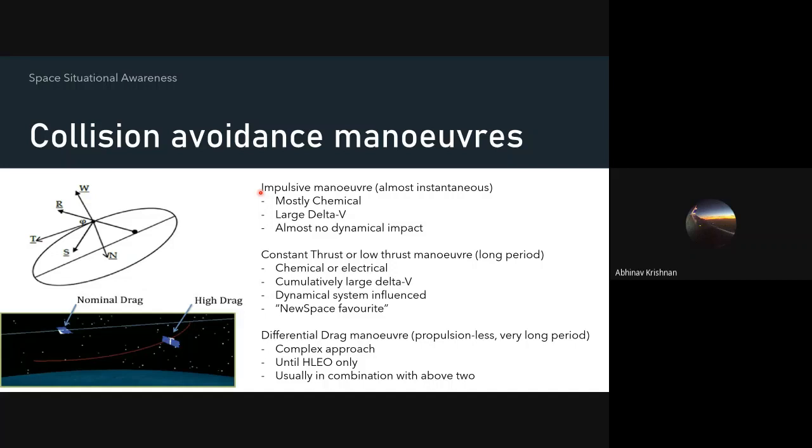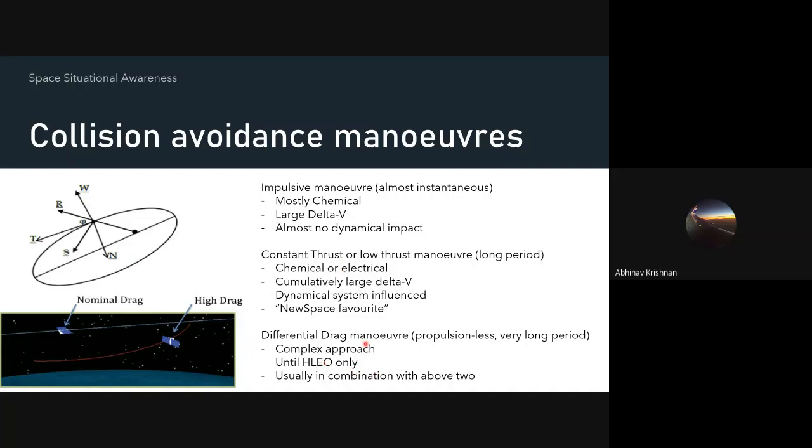At any instant, the thrust would be way less than a sheet of paper falling through air. And this is significantly influenced by the dynamical system, because they normally go around the orbit for a long period of time. Of course, this is a new space favorite because they say it's more fuel efficient and it can be packaged into a CubeSat, so it's easy for anyone to design a spacecraft with electrical thrusters on board.